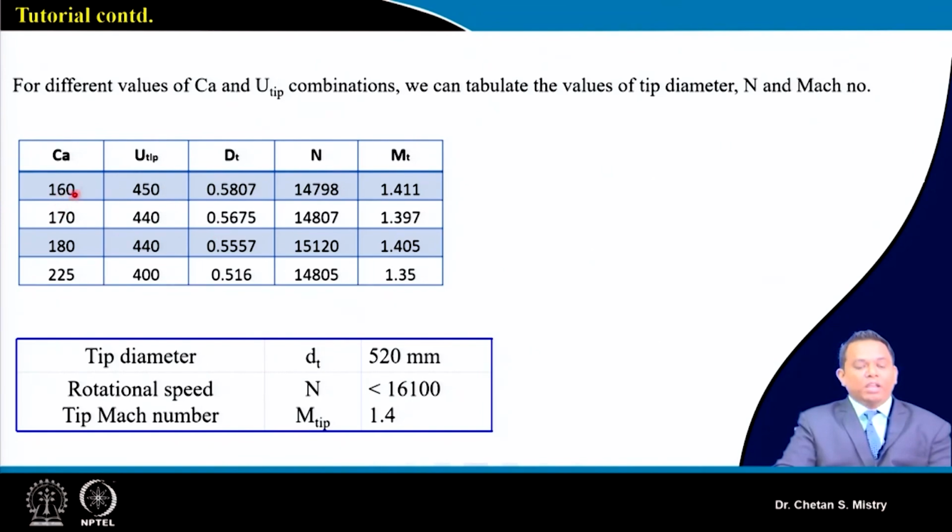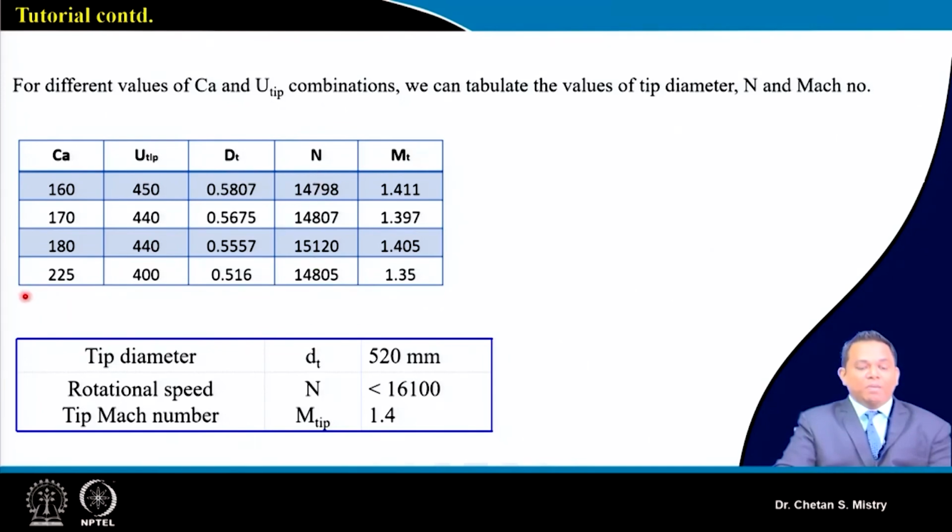If you look at these combinations, the speed should not be more than 16,100 for all assumptions of axial velocity and tip speed. My rotational speed is coming in the range.